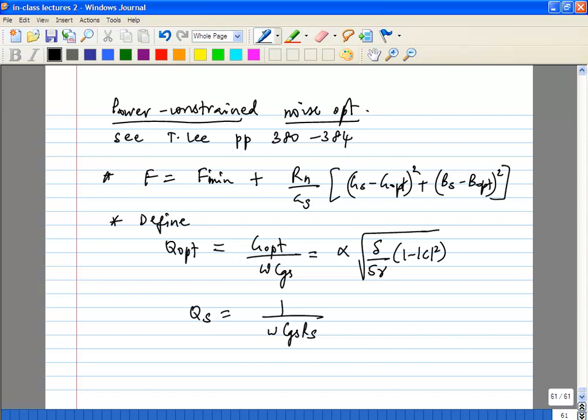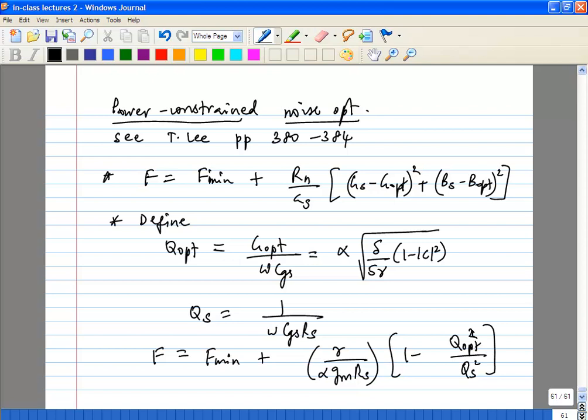Now you can rewrite F with alpha GM RS this way, and this is the function you're going to minimize based on some constraint. And finally you get the value of QS.